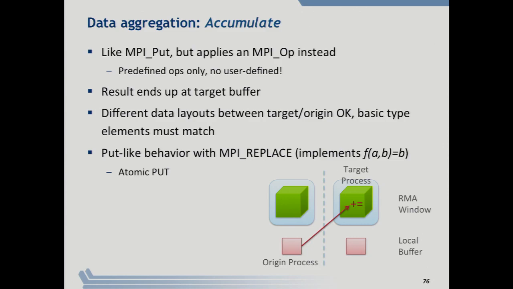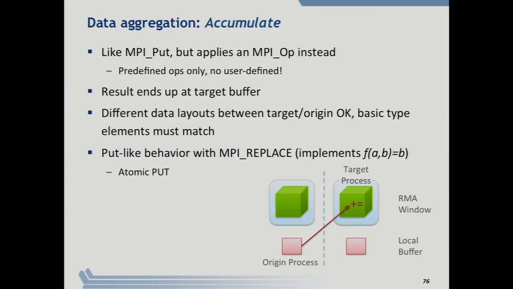Oh yeah, so you can only use predefined ops, so MPI sum, MPI product, MPI min. You can't use a user-defined operation. Why is that? Well, in a perfect world, you should be able to do that.